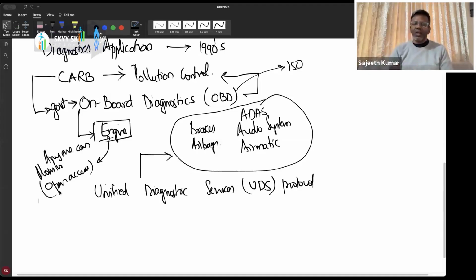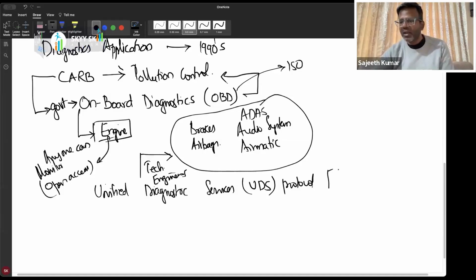Anyone can check if pollution norms are met. But when it comes to airbags or ADAS or brakes, they don't want anyone to access. They want only qualified people, only technicians, only their own qualified engineers to access it. So UDS is basically a closed as well as a secure platform.